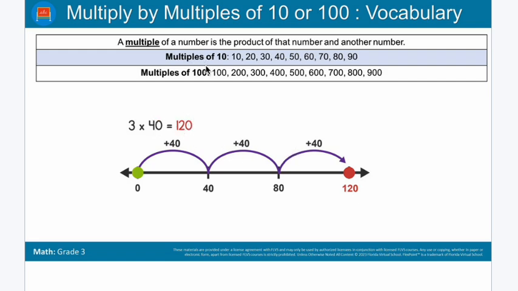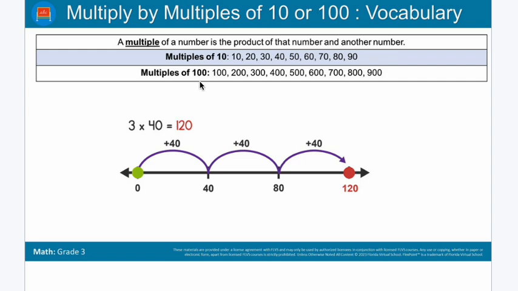When we talk about multiples of 10, what we're really talking about is skip counting by 10 every single time. So that's how we have 10, 20, 30, 40, 50, 60, 70, 80, 90. So multiples of 10 are when we are skip counting by the number 10. The same thing is true of multiples of 100.